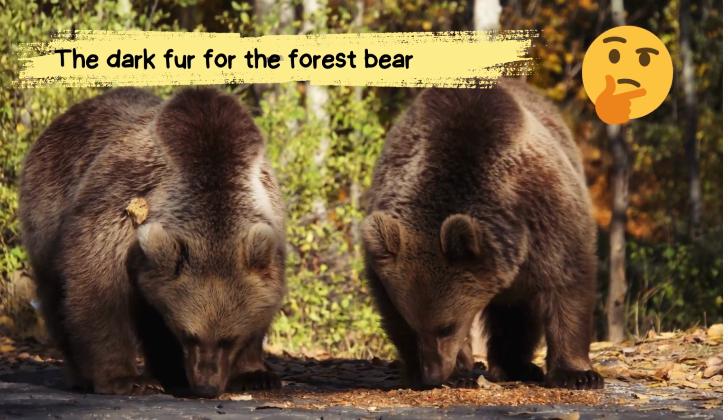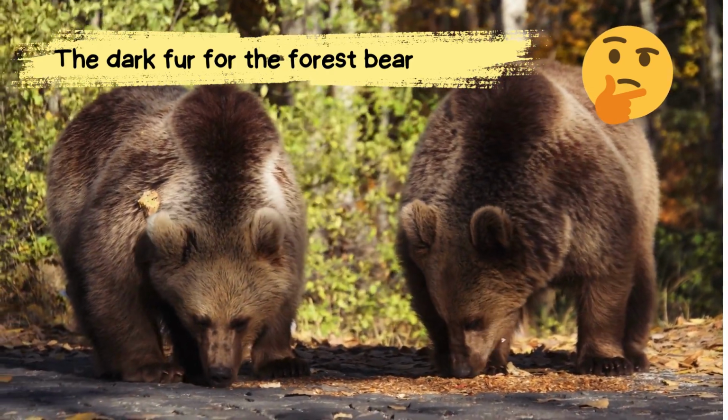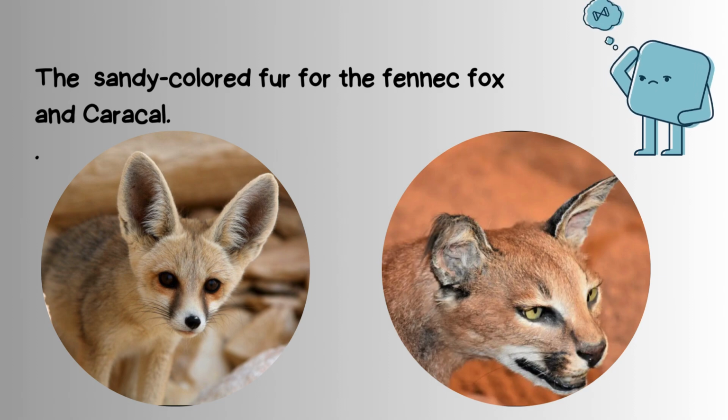Then we have other examples, such as the sandy color fur of the fennec fox and the caracal. We said before that this sandy color fur helps them to adapt in their environment, which is the desert. So this sandy colored fur is a part of their bodies or not?